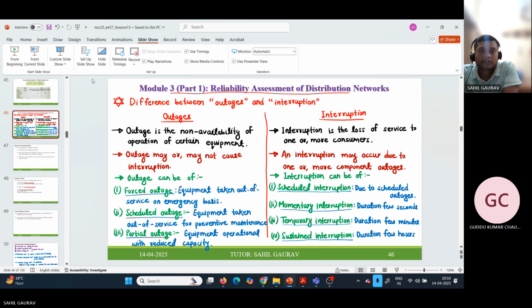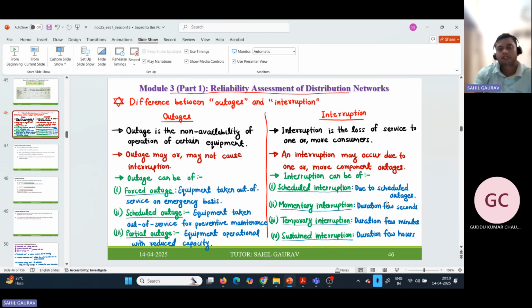Yes, sir. So let us come to week five, where we have seen the reliability assessment. Here we have shown the difference between outage and interruption. Outage is the non-availability of operation of certain equipment, while interruption is the loss of service. Outage is of 3 types: forced, scheduled, and partial outage, while interruption is of 4 types: scheduled interruption, momentary interruption, temporary interruption, and sustained interruption.